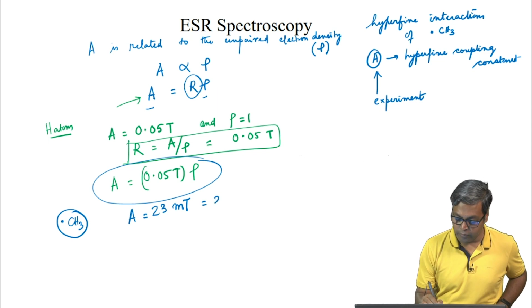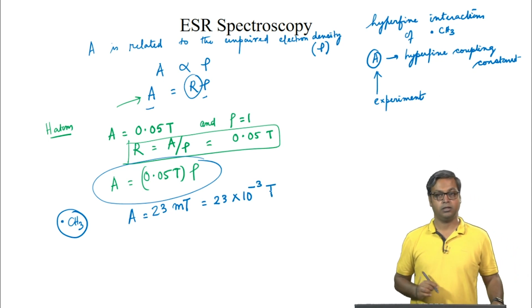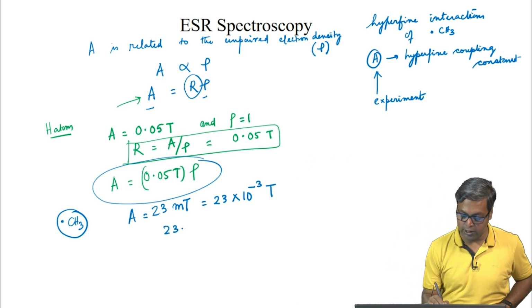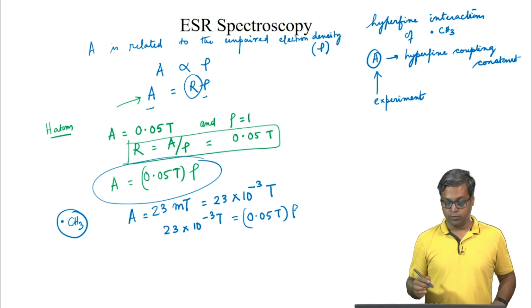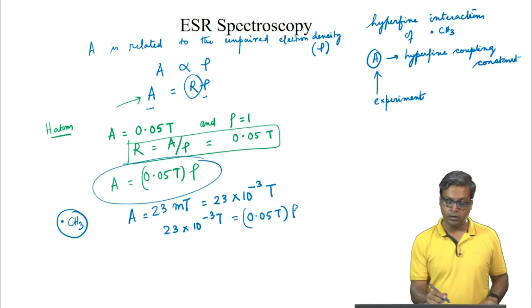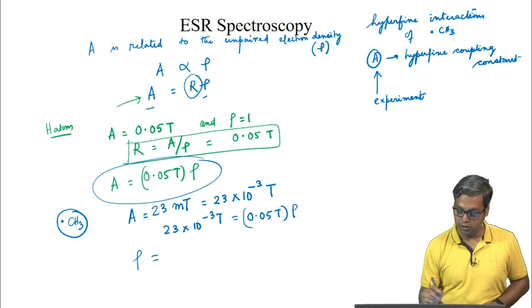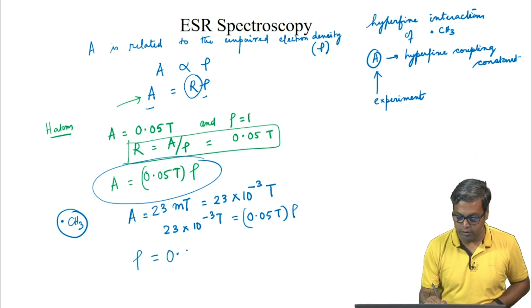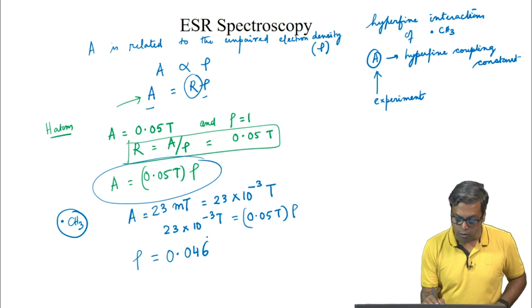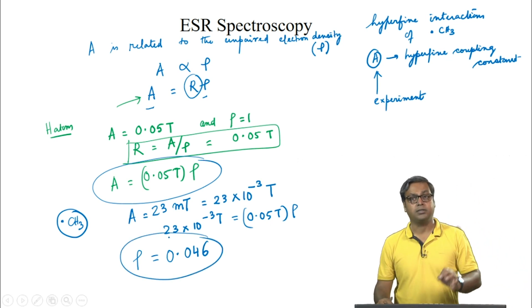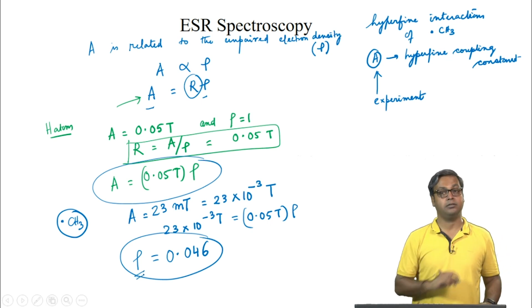So, that means 23 times 10 to the power minus 3 T. So, we can write 23 times 10 to the power minus 3 T equals 0.05 T times rho. So, from here we get rho equals 0.046.